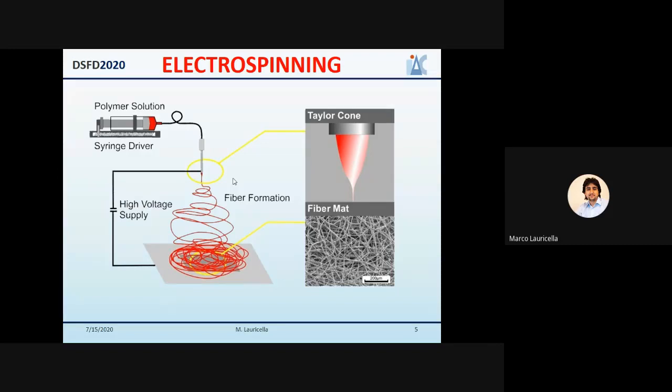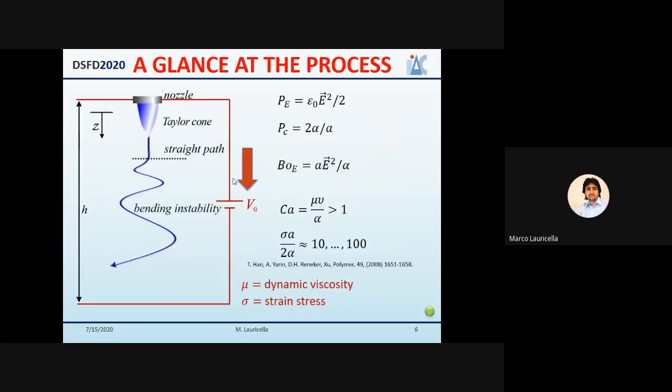Then, in the second stage, the jet radius of the filament rapidly decreases and complex bending instabilities start to appear in the jet path closer to the collector. And shortly, we will see that the bending instabilities are due to the electrical repulsive force of the charge lying on the jet surface. But let me now focus on the first stage of the process.